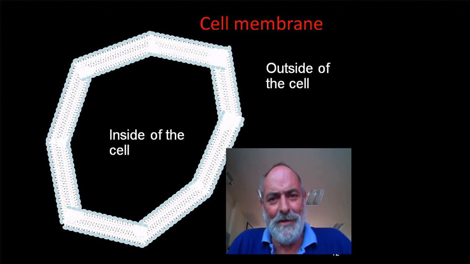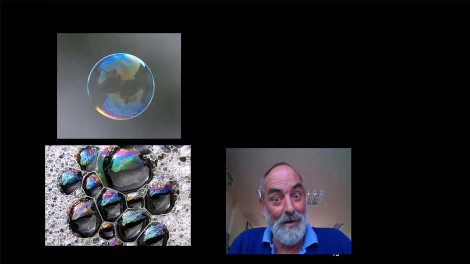So another way of thinking about the cell membrane is maybe a bubble. You've made bubbles, I'm sure. And when you see the next slide, you can see perhaps how cells could have bubbles. These are very like the cell membrane, but it's a different molecule. These are soap.